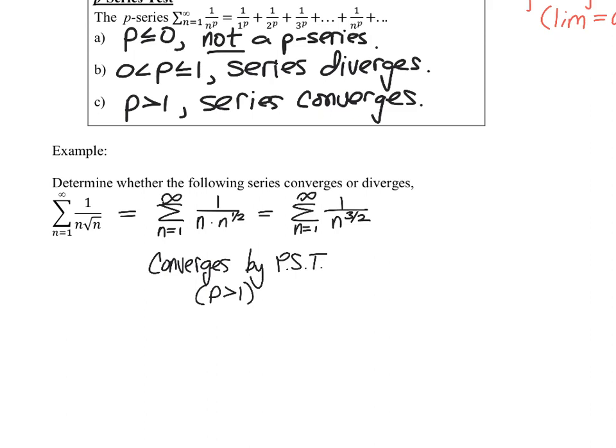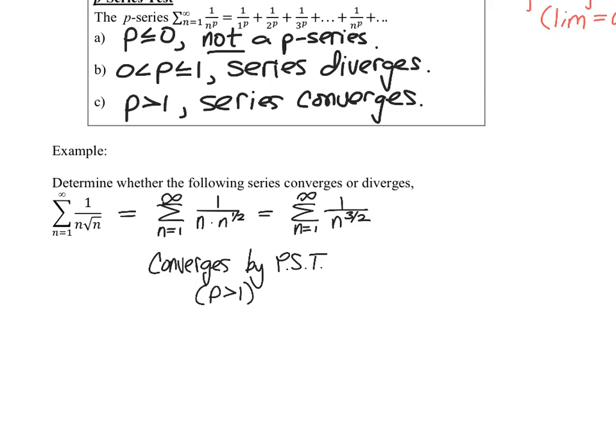It's when you start having sums and differences that you might have to do a little bit more work. So, for example, in this case, if it said n plus 1 on top, that would actually break up into 2 separate p-series. If it were n plus 1, you would have 1 over n to the 1/2 plus 1 over n to the 3/2.